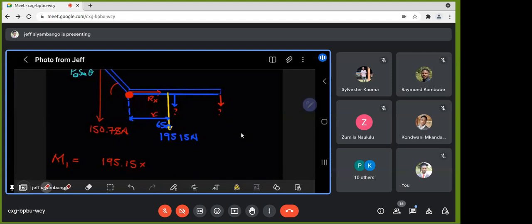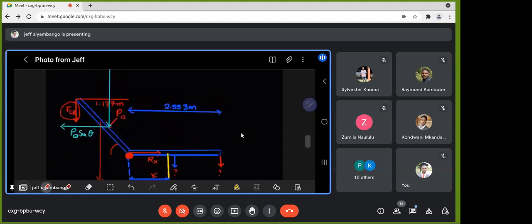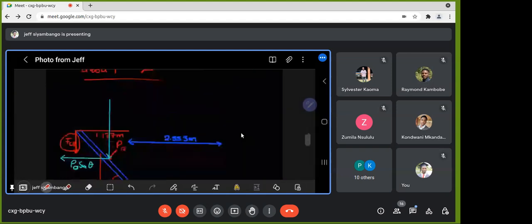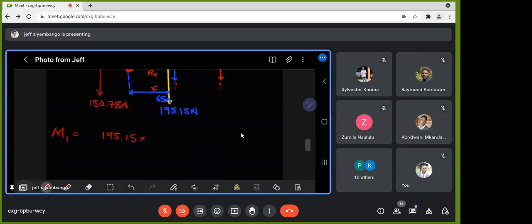We found it: half of 2.553, which is 1.2765. But will this be clockwise or anti-clockwise?